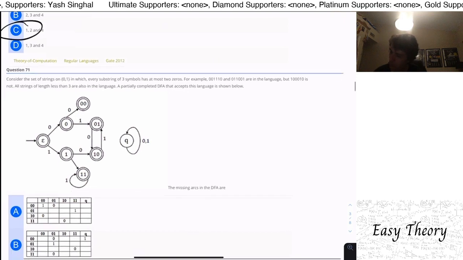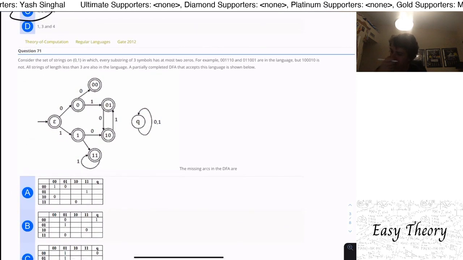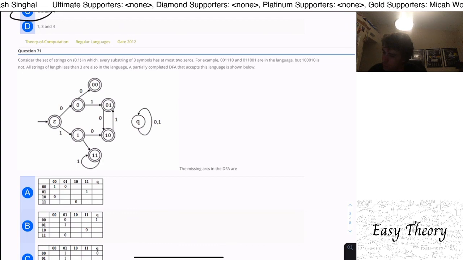Push missing arcs. Partially completed. Every string has at most 2 zeros. Let's see.